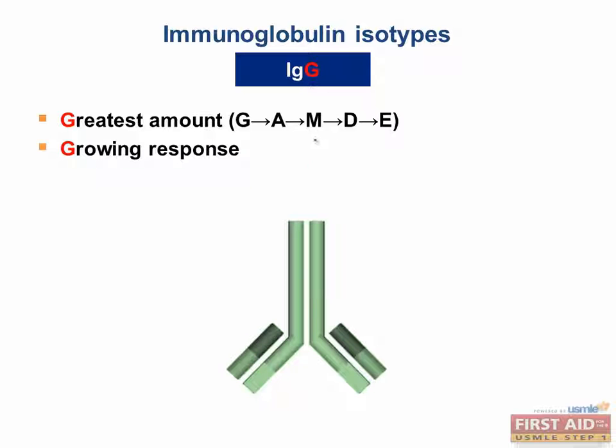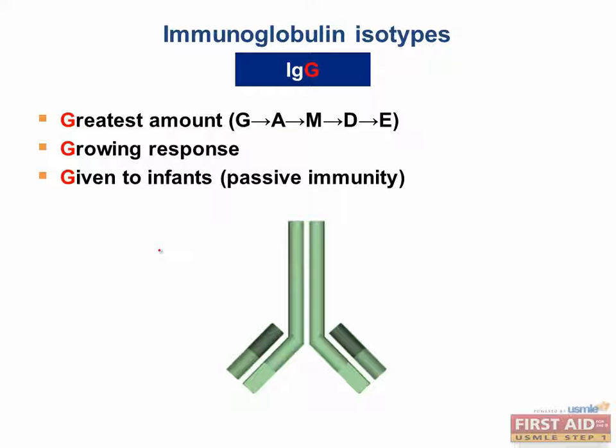Then later on, after there's class switching, IgG is most prevalent. So that's what I mean by growing. It grows later, after the immediate antibody. And finally, it's given to infants through passive immunity. That means that the infants actually don't synthesize the antibody themselves. They're given it through the placenta from their mom or by doctors in the hospital if they need it.